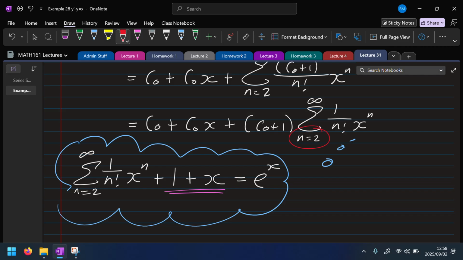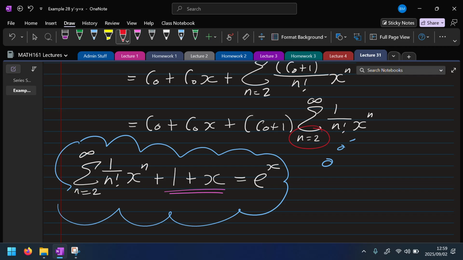So we have the series starting from 2. What is the term for n equals 0? 1. So we add that. What's the term for n equals 1? X. So we add that. So now we add in the missing terms, so now there's nothing missing. So it is e to the x.